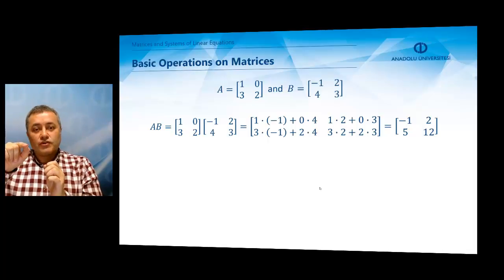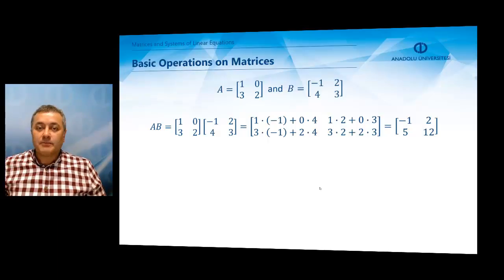For C12, I need 1 times 2 plus 0 times 3, which is 2. And if I continue like this, the matrix I find will be minus 1, 2, 5, and 12.